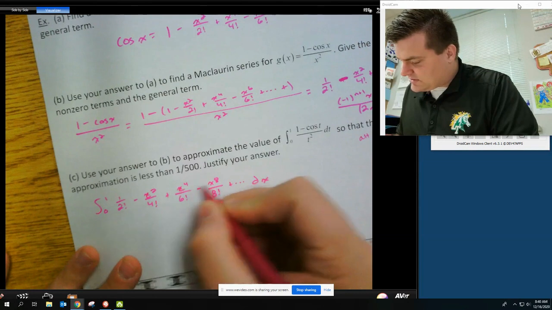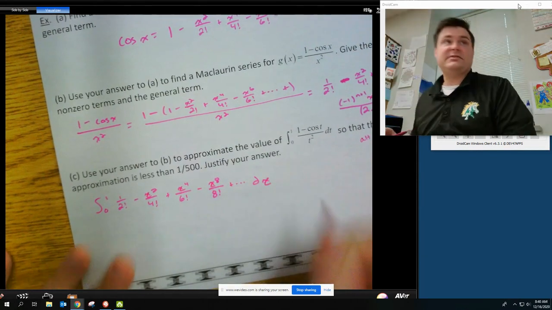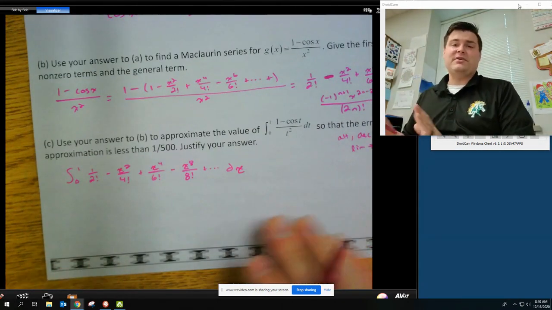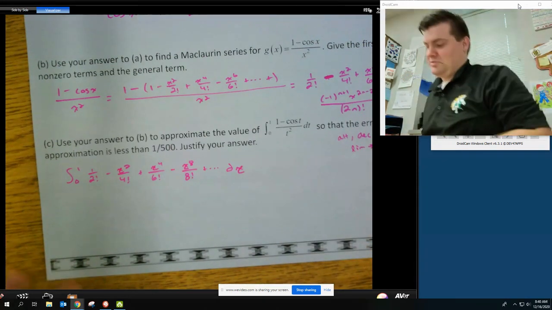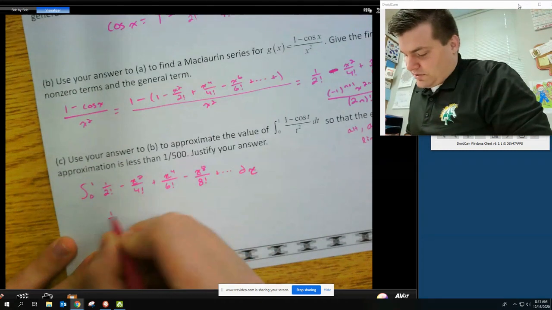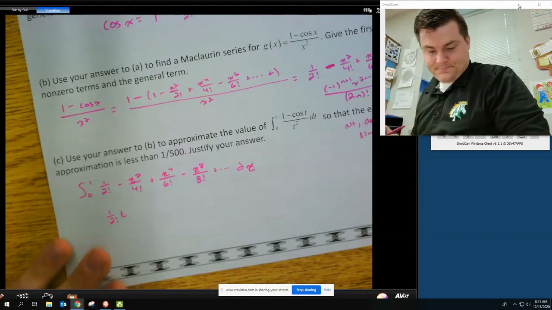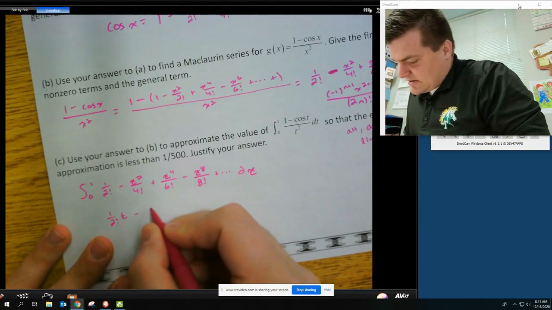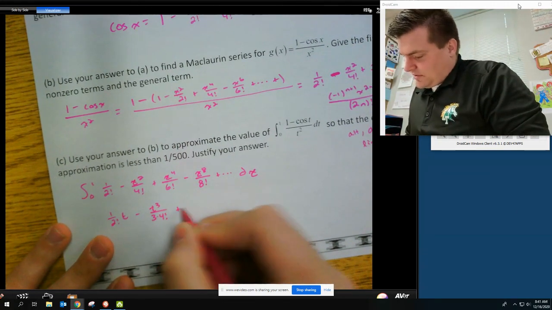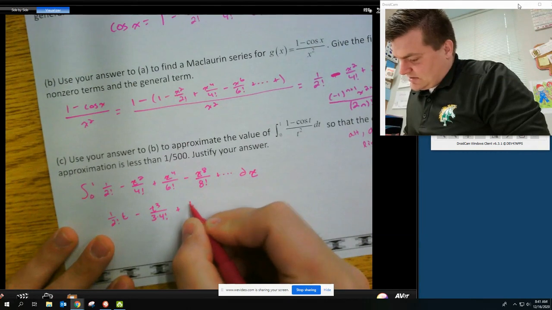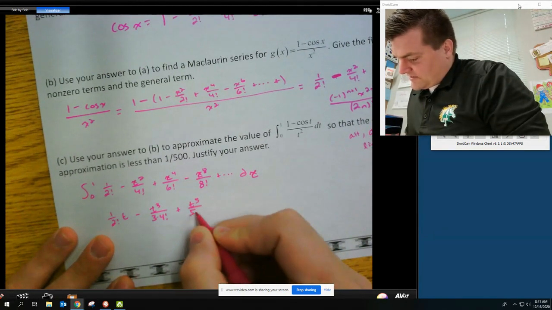Luckily, x's can turn into t's kind of easily. And don't worry, if you don't use t's, AP will say that you just misspelled the letter t. So you'll be fine. Okay, so this is going to be 1 over 2 factorial t minus t to the 3rd over 3 times 4 factorial plus t to the 5th over 5 times 6 factorial.